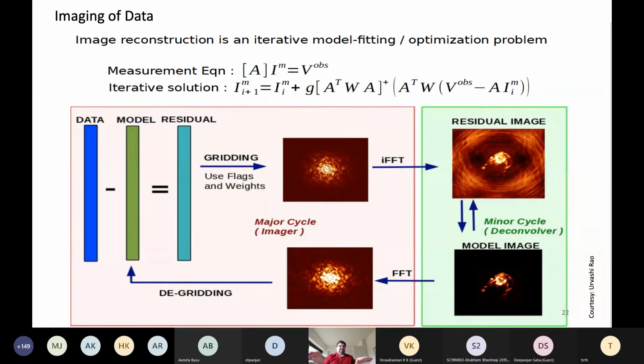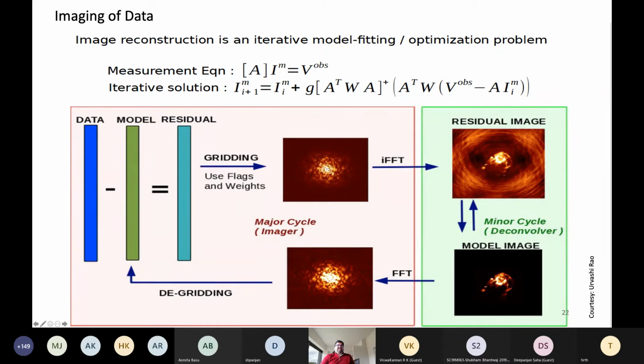CLEAN is, as the word says, clean. It's an algorithm which was invented a long time back, and it actually works pretty well. Many different versions of it have come to make it more appropriate, more sophisticated, and to improve the performance of the CLEAN algorithm. But the basic premise remains the same.